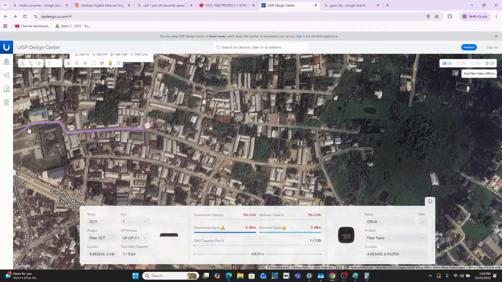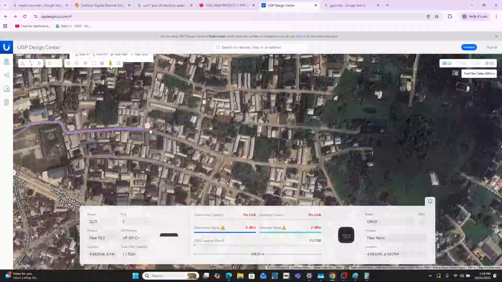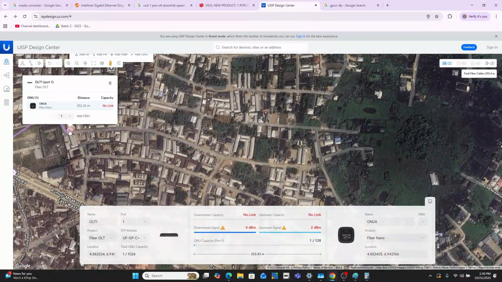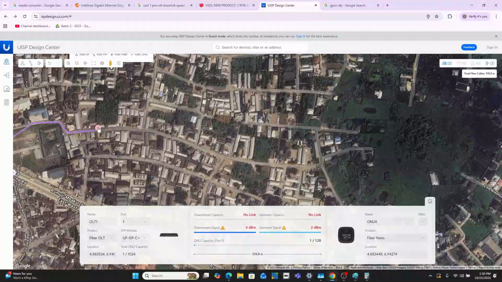Now, to provide internet to these 10 blocks of houses on this side, should we put our distribution box over here, over here, over here, or towards here at the end? Which one do you think? That's why I say you should look at the screen.